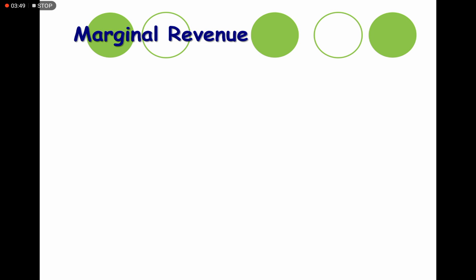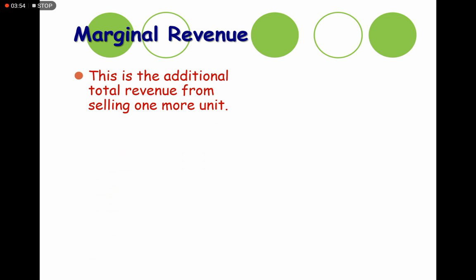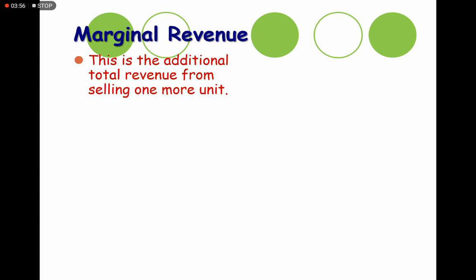And the final one we're going to look at is marginal revenue. Now this is new. Marginal is a really key term for us as economists. That term marginal means the change in total from one more. So when we're talking about revenue, we're talking about the change in total revenue from selling one more unit. And again, a little bit of an equation.